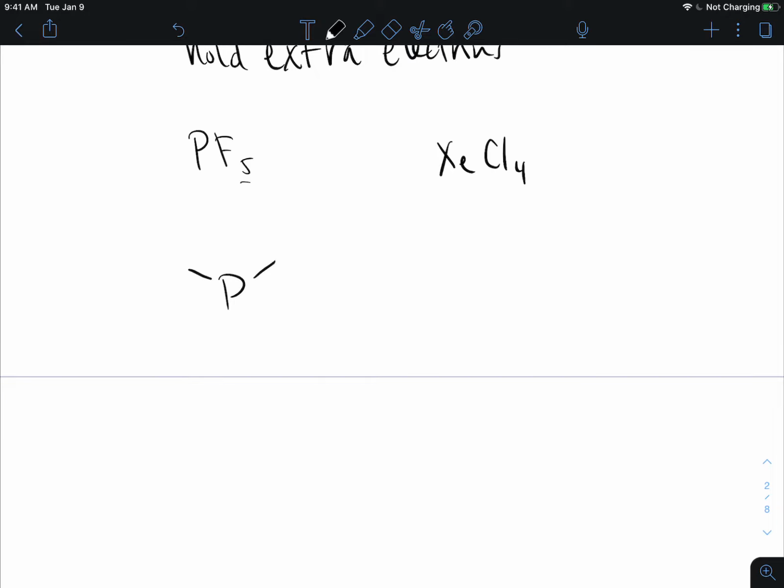And when we draw this out, it looks like this. Where we have our central atom that has 10 electrons. But if you were to actually do formal charges, you find that none of the atoms in this structure has a formal charge.